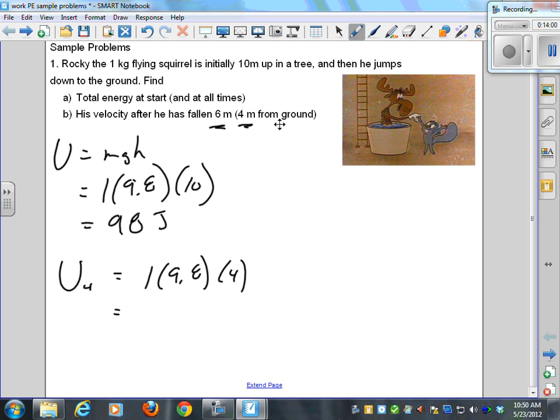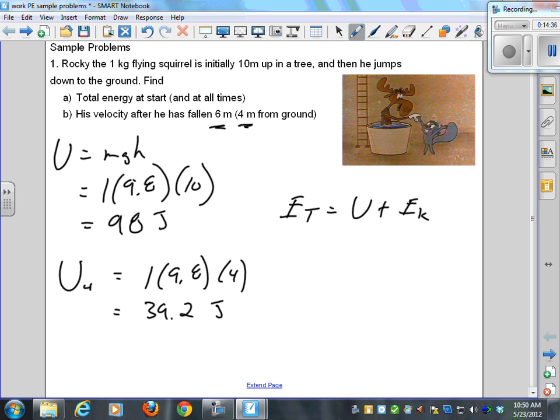So 9.8 times 4 is 39.2 joules. So what happened to all the rest of it? It's been converted to kinetic energy, right? So I'm going to say E_T is equal to U plus E_K.